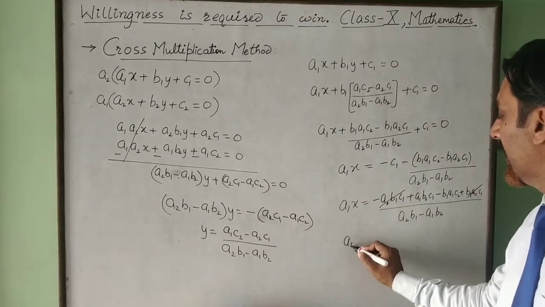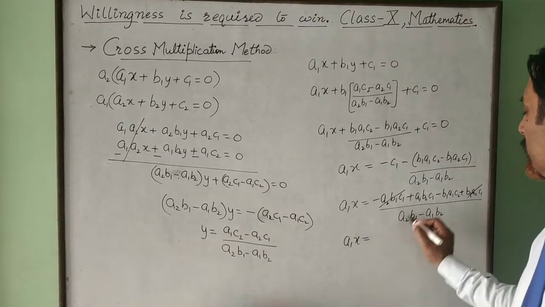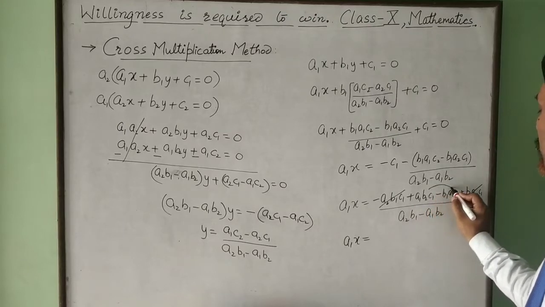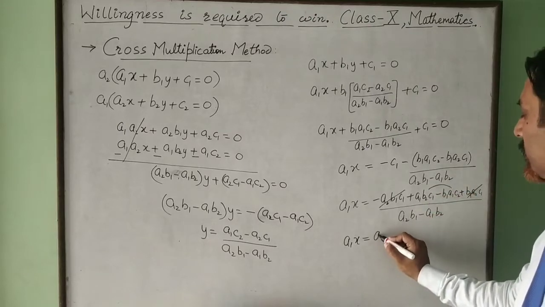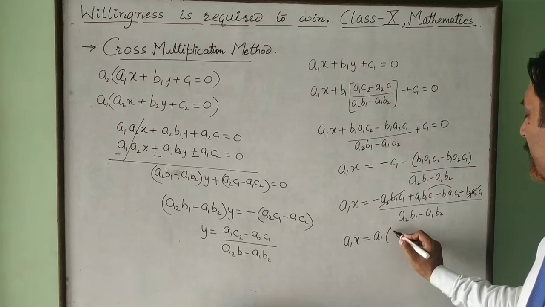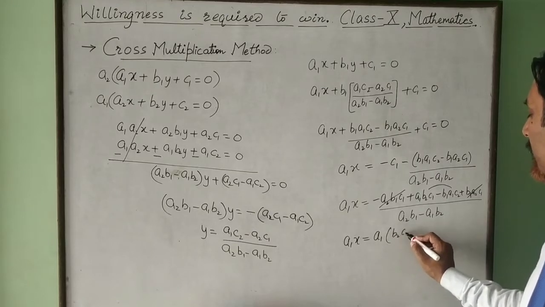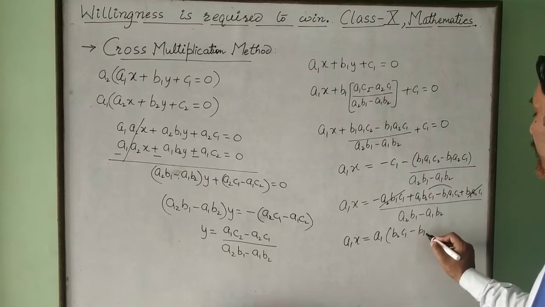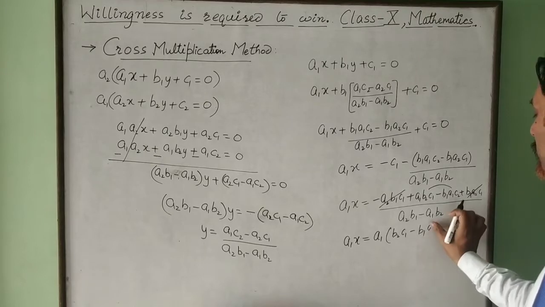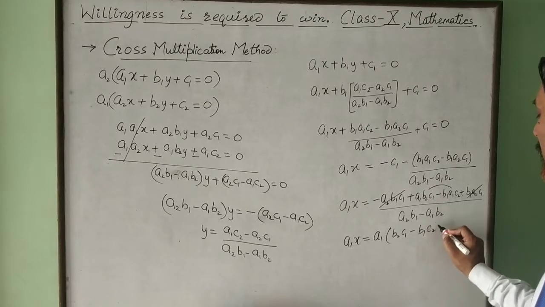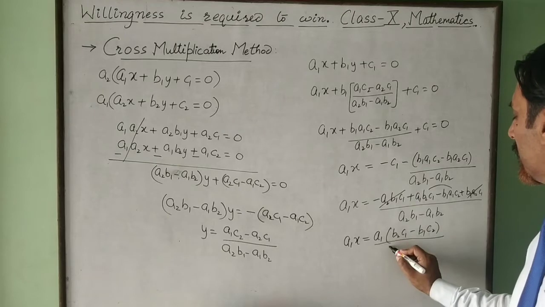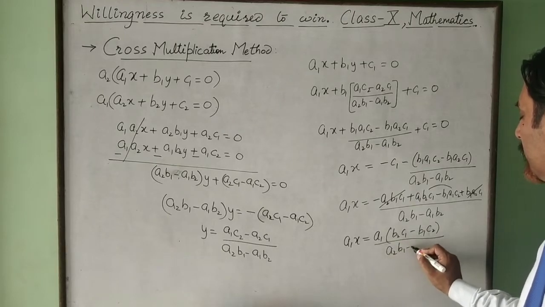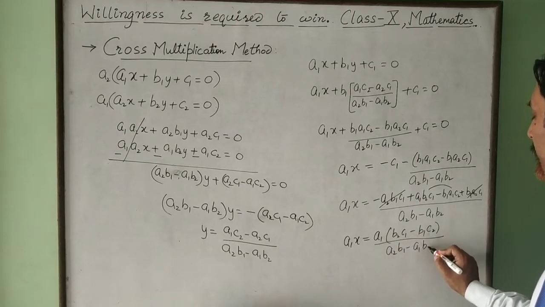Then we have a1x is equal to, in these two terms a1 is common, so you can take a1 common and you'll be left with b2 c1 minus b1 c2 upon a2 b1 minus a1 b2.